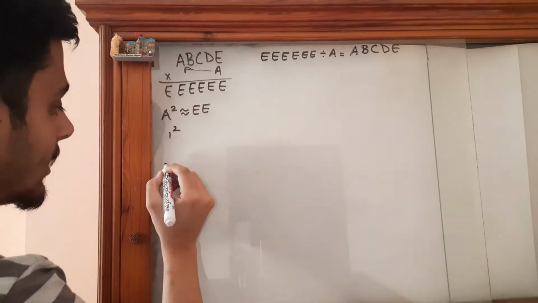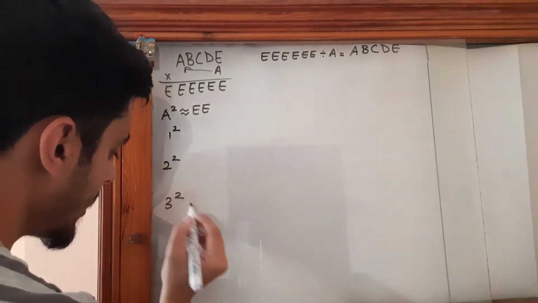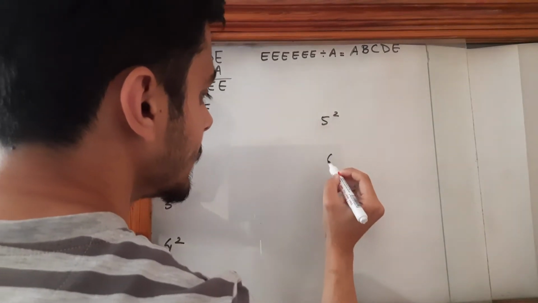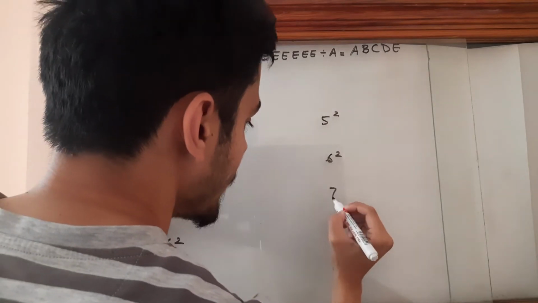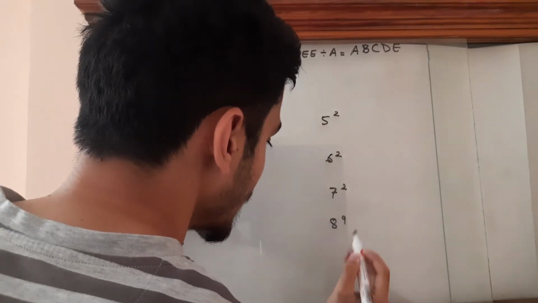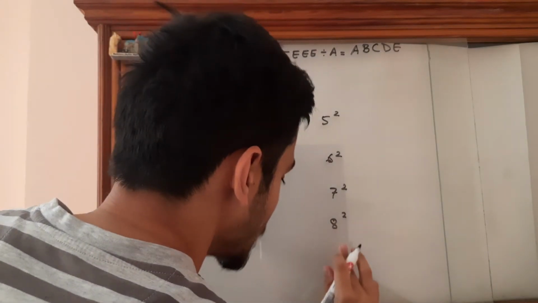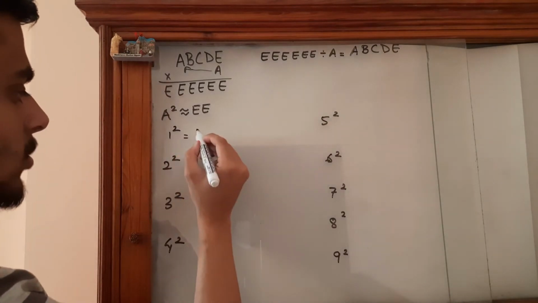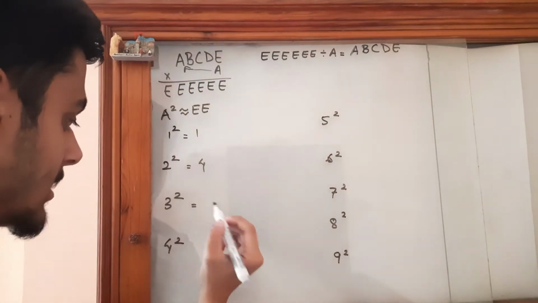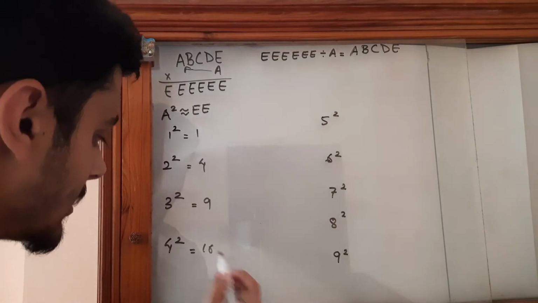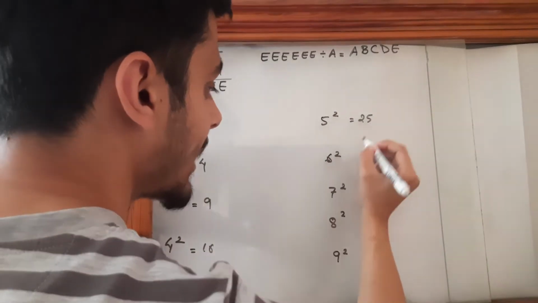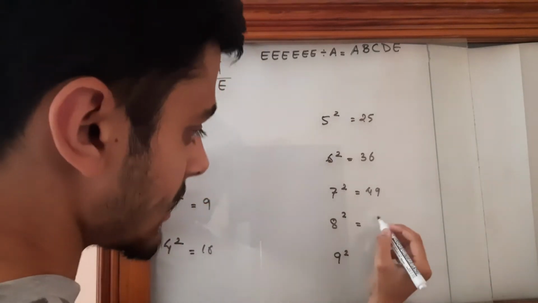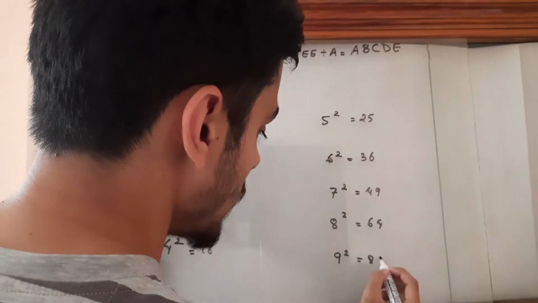So 1 square, 2 square, 3 square, 4 square, 5 square, 6 square, 7 square, 8 square, 9 square. 1 square is 1, this is 4, this is 9, this is 16, this is 25, this is 36, this is 49, this is 64, this is 81.